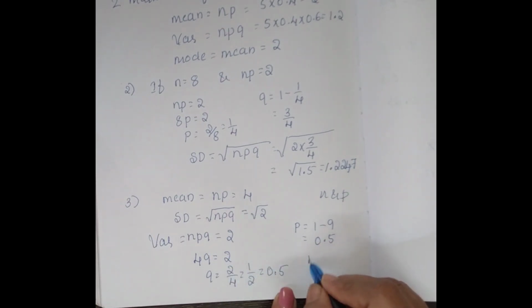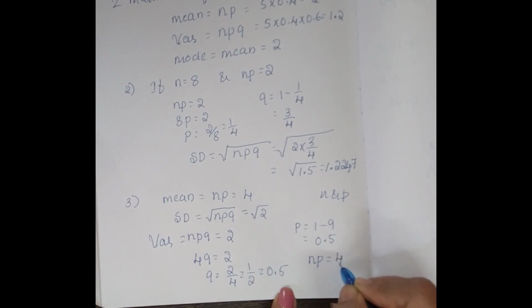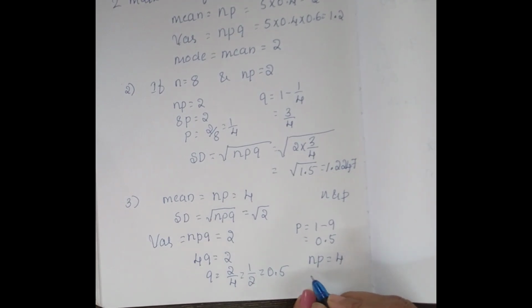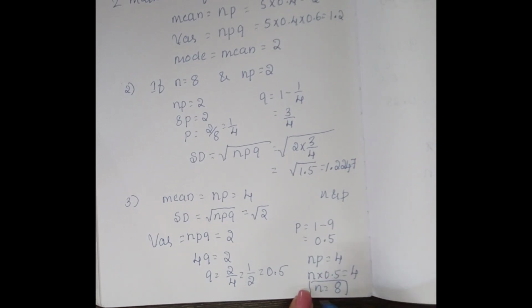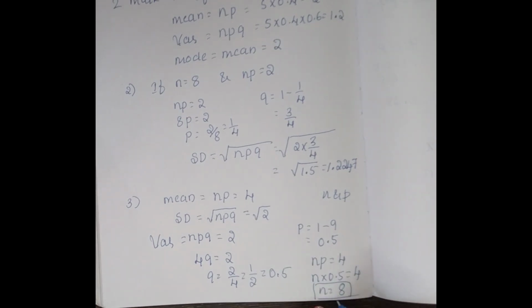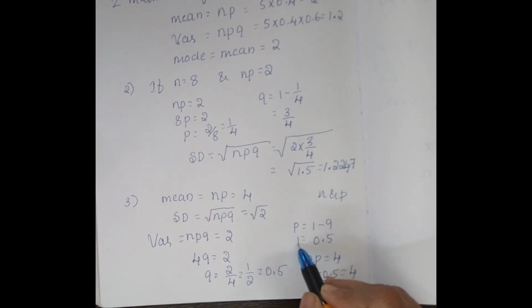Then np is equal to 4, p is 0.5. Then n into 0.5 is equal to 4, or 1 by 2, that gives n is equal to 8. N is equal to 8 and p is equal to 0.5.